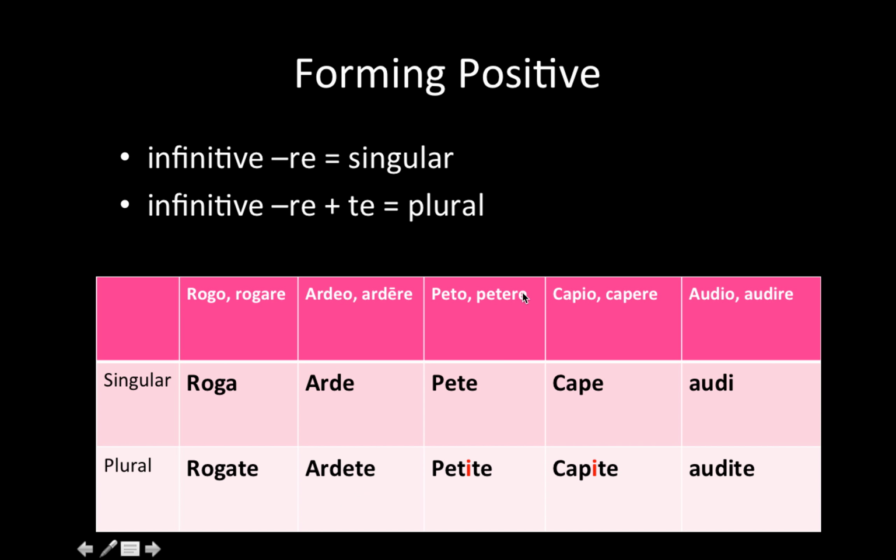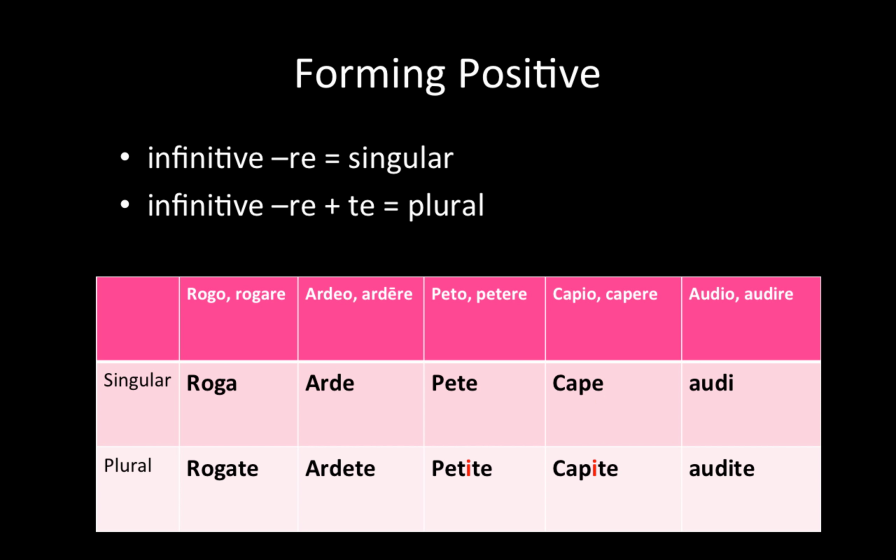Peto, petere, third conjugation. Now, we do get a small exception with third and third io, but you'll notice that it's only in the plural. So for the singulars, you're still taking the infinitives, dropping off the RE, so that gives you pete and cape as your singular imperatives.